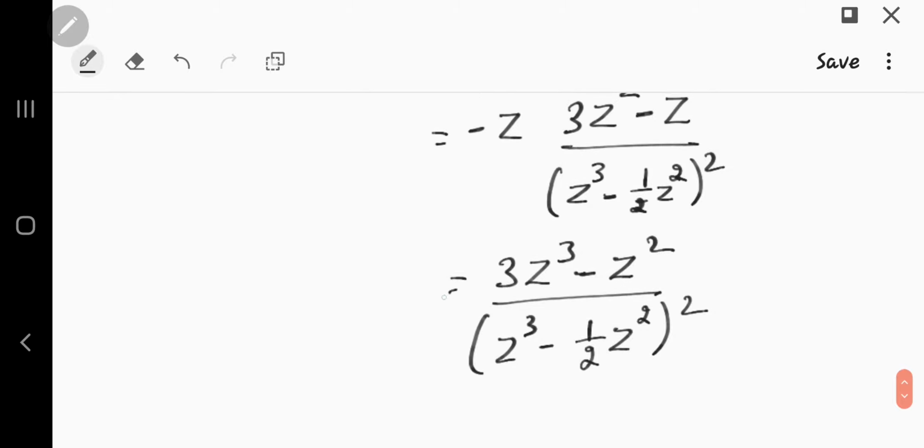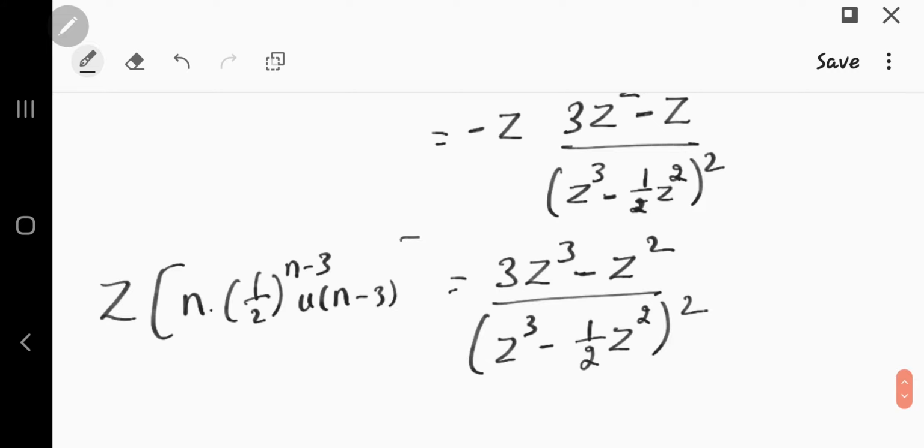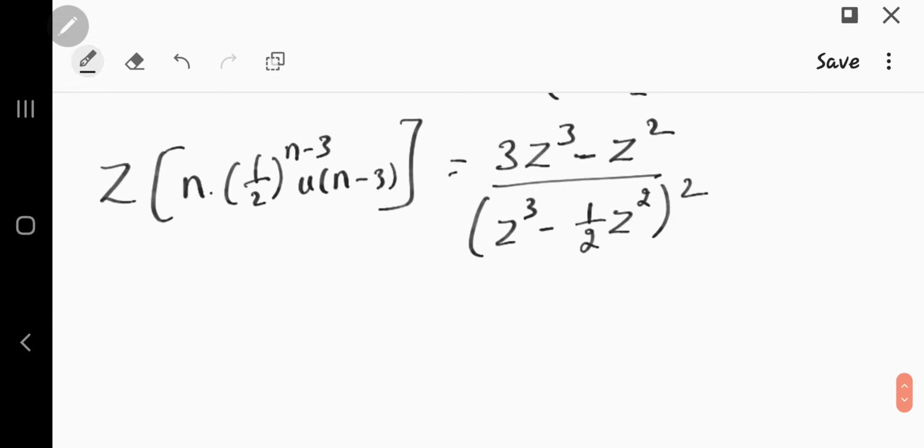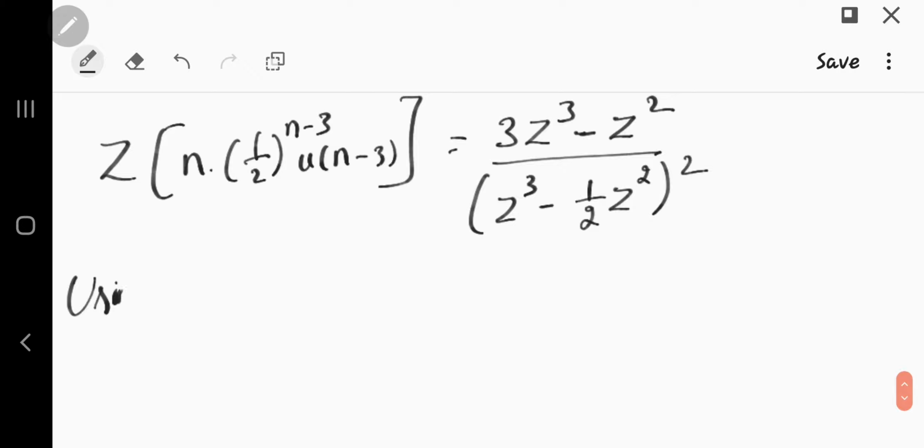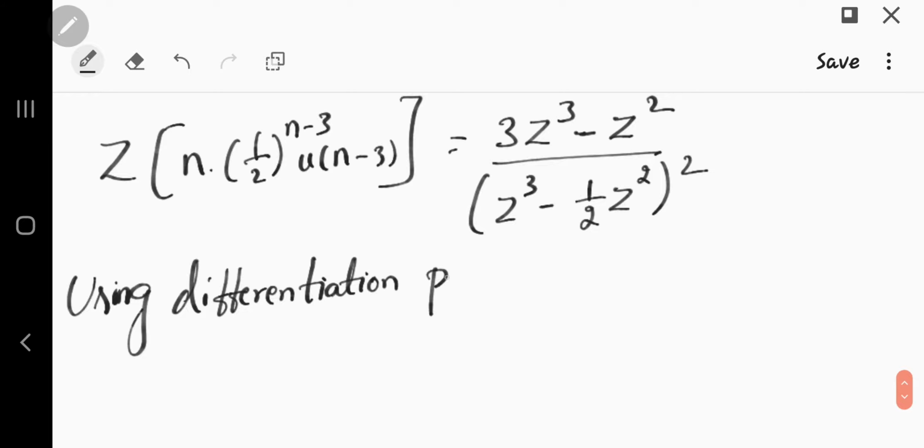So this is the z transform of n into 1 by 2 to the power of n minus 3 u of n minus 3. Now again using the differentiation property, this term is the new x of z.